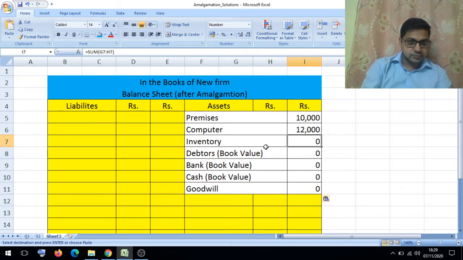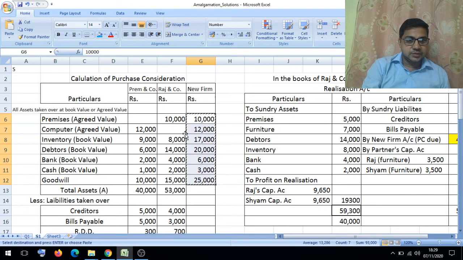12,000. Then inventory, we write how much the value of inventory is. It is 17,000, so we write 17,000.